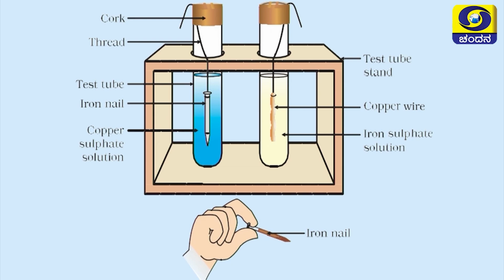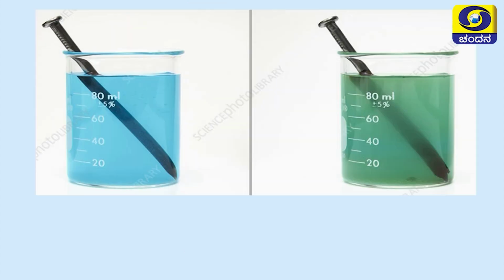You keep this setup for some time. But that does not happen in the case of iron sulphate and copper. The copper will not be able to displace the iron from the iron sulphate solution.